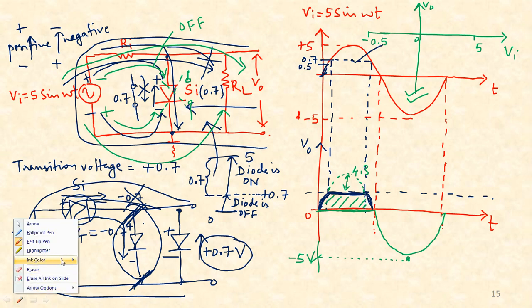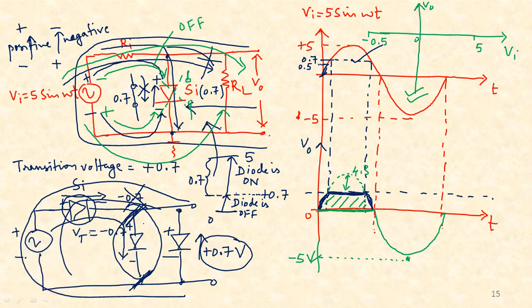So what is happening during the positive half cycle? As the input varies from 0 to 0.7, what is the output? The output is also varying from 0 to 0.7.